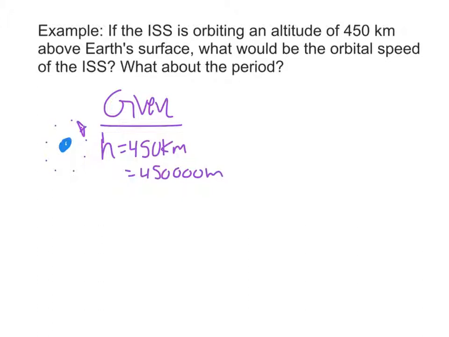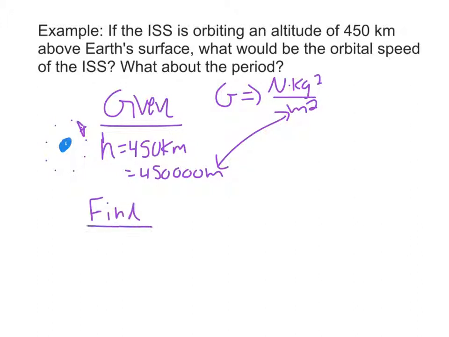We always want to make sure we're in meters because G, again, has units of newtons kilograms squared per meter squared. So these both have to be in meters. Let's see, it wants to know, that's all we're really given. It wants to know what the orbital speed is, so we're looking for speed, and then we're looking for period.